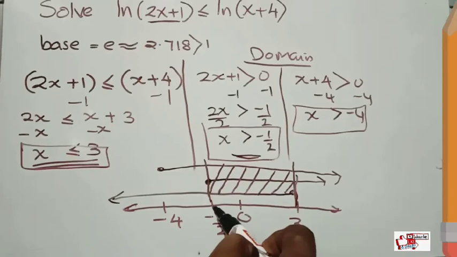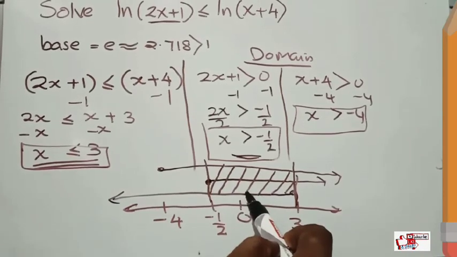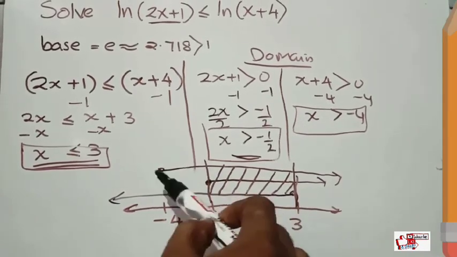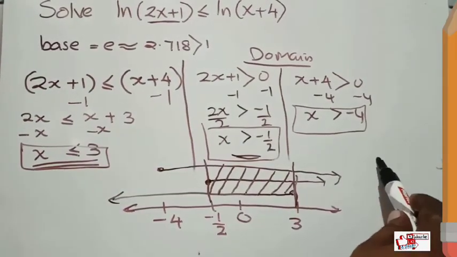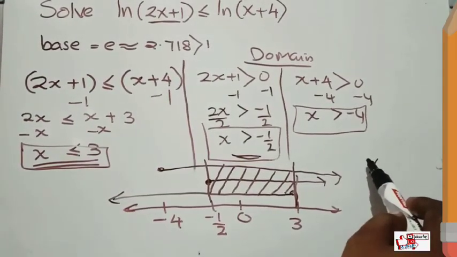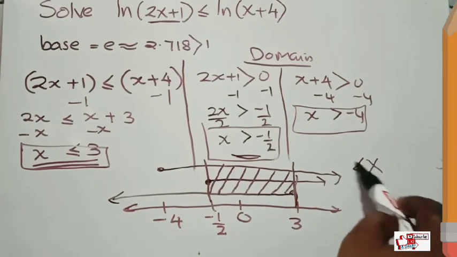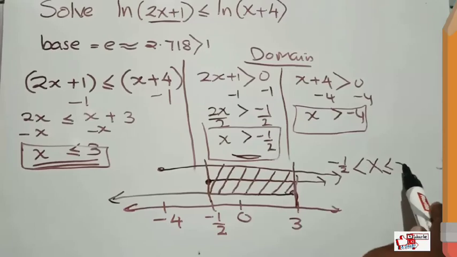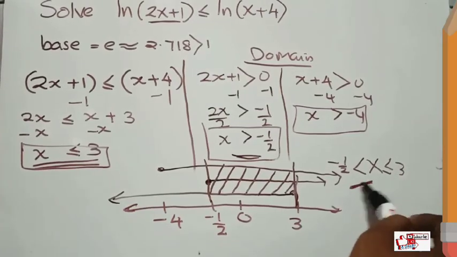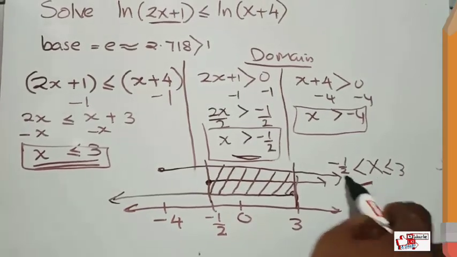That is bigger than minus 1 by 2 and less than or equal to 3, because we have less than or equal to 3. So the solution is x bigger than minus 1 by 2 and less than or equal to 3. Okay, thank you.